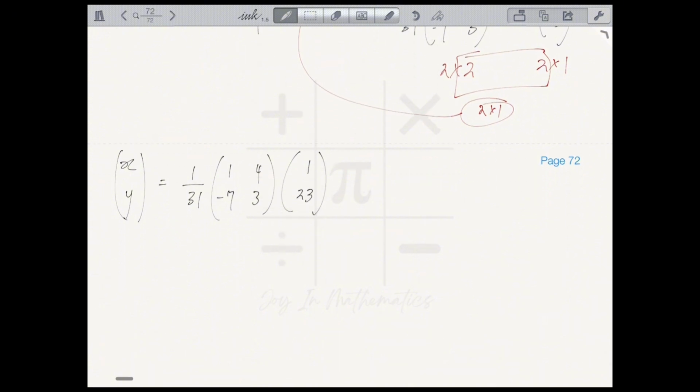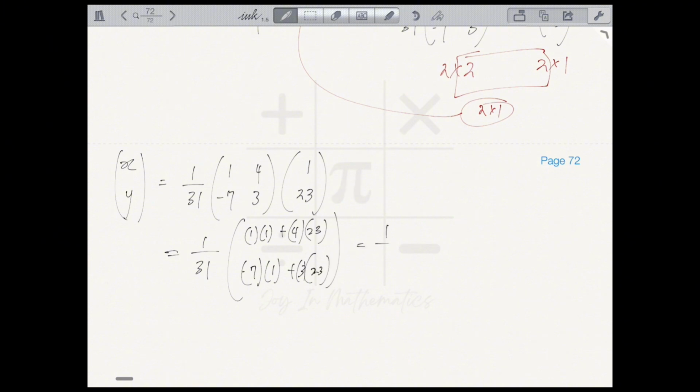So let's perform the operation here. This will be 1 over 31. We know this will result in a 2 by 1 matrix. So that will be 1 times 1, the first row multiplied by the column, plus 4 by 23. And this will give us minus 7 by 1 plus 3 by 23.